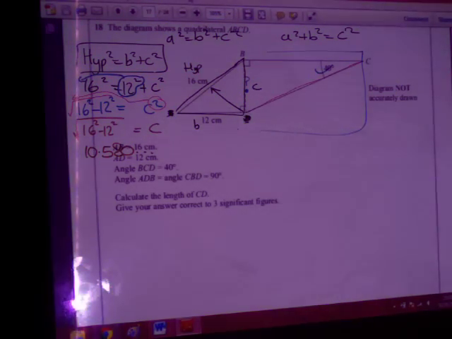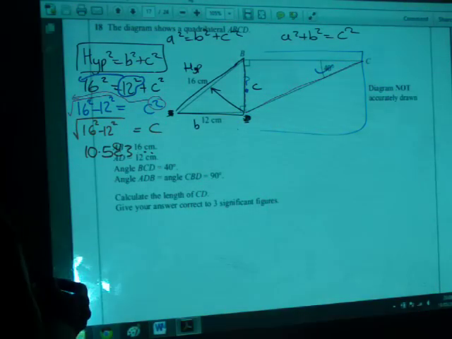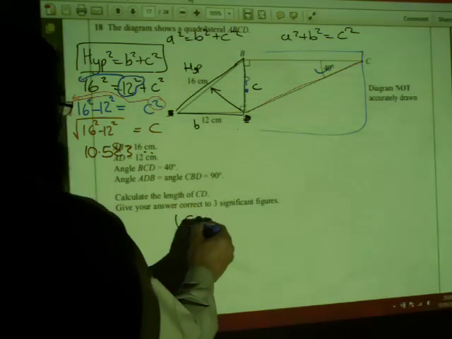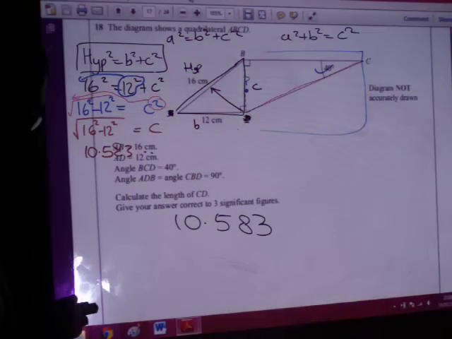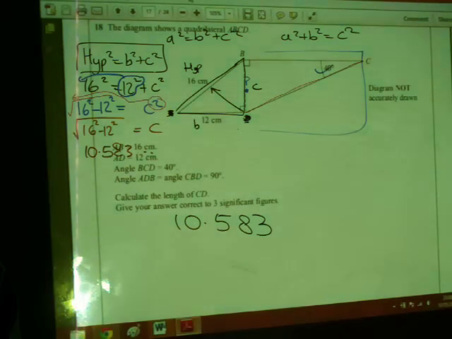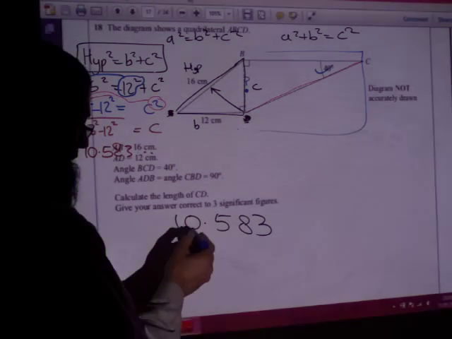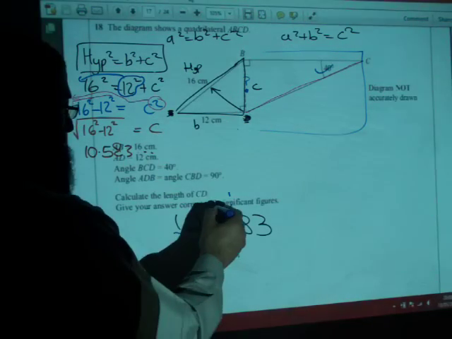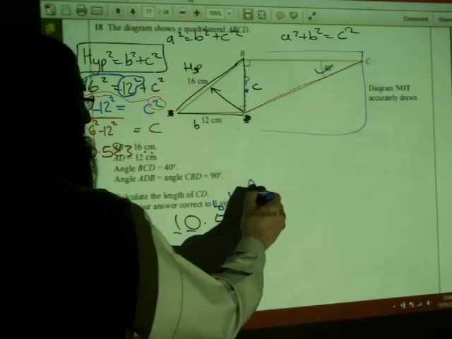10.583. Now, it says give your answer correct to three significant figures. Let's write down here 10.583. Remember what we said before, your first significant figure is your first non-zero digit, which is 1, second, third. So we have to stop here. This we call the last digit. This one here we call the decider.